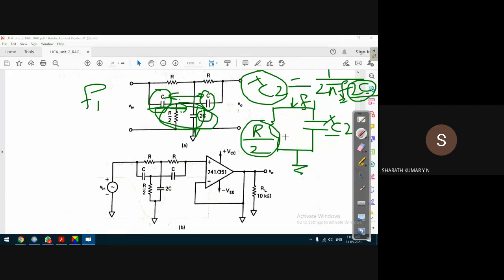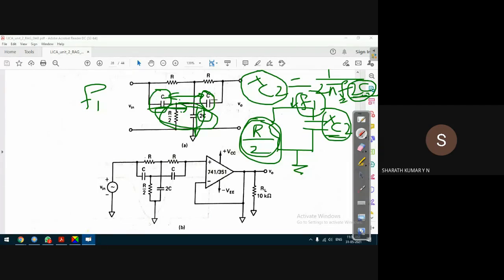In this parallel network, this resistance is fixed, so the impedance of this network depends only on the capacitor impedance. This impedance depends on the frequency F1 and the value of the capacitance. Now we are taking double the value of capacitance. Impedance is much smaller.